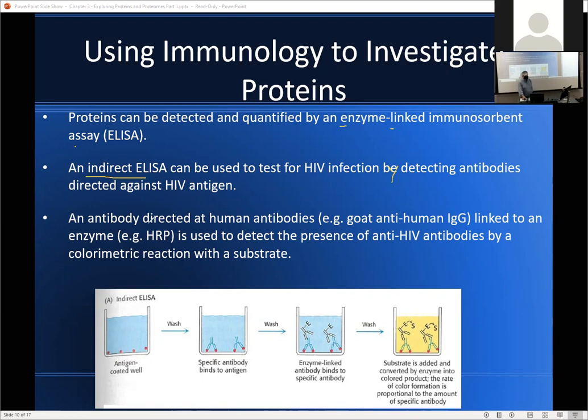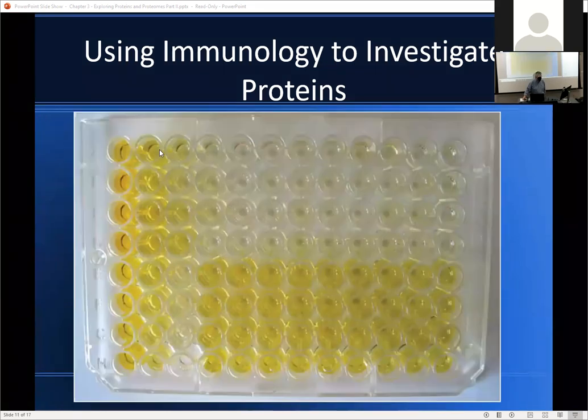Okay, so in an indirect ELISA, we take the ELISA plate, and the first thing we do is we coat the ELISA wells with antigen. Okay, so again, before I go any farther, remember that an ELISA plate looks like this. They're 96 well plates.